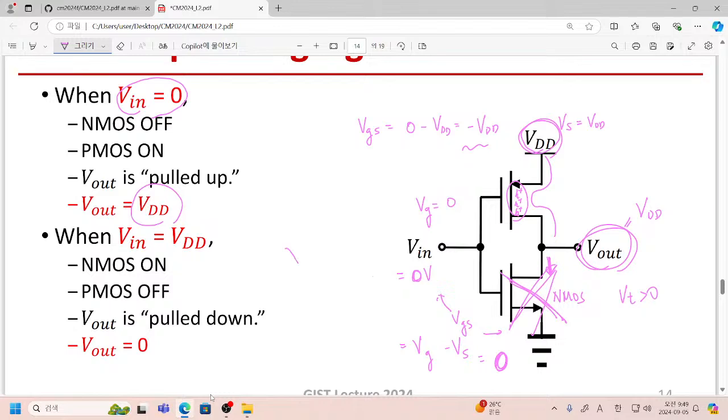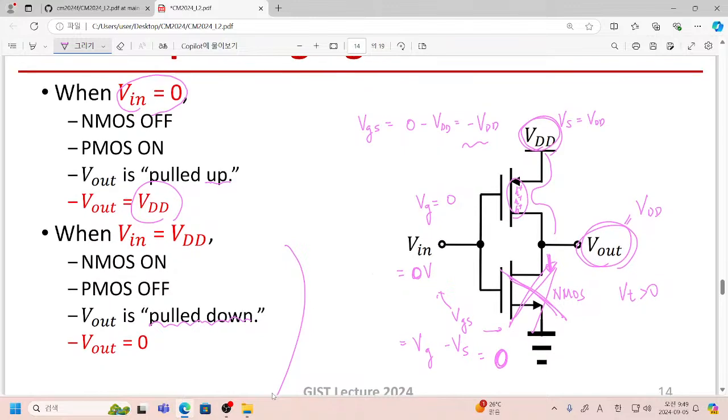If we follow the same discussion in the other case, now the PMOSFET is turned off and the NMOSFET is turned on, and the output is connected to the ground, and that is called pulled down. Down means the voltage close to ground, and up corresponds to the voltage close to VDD.